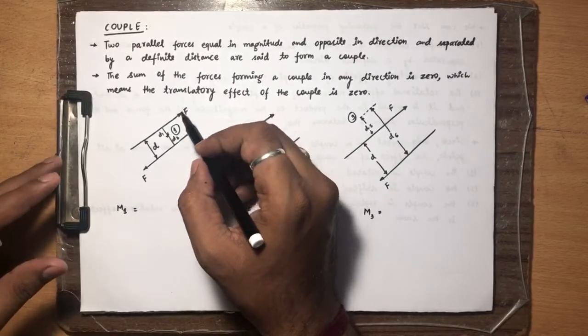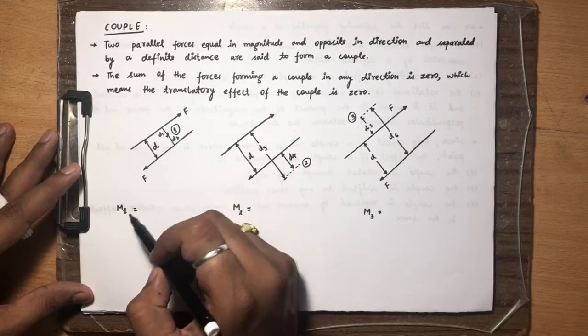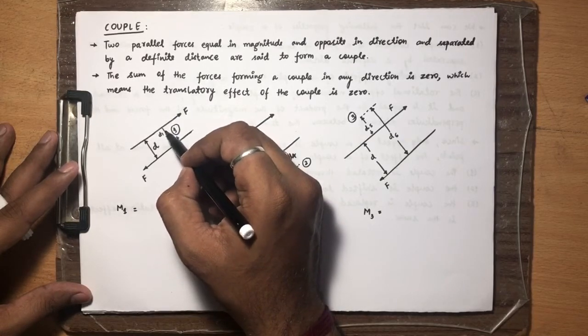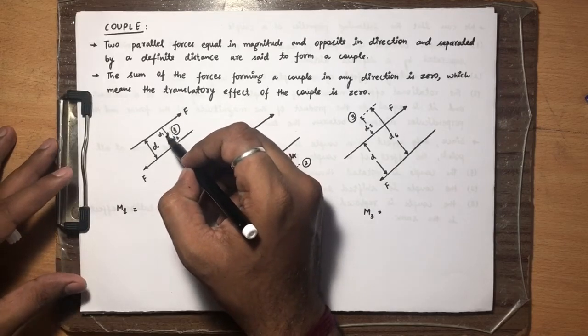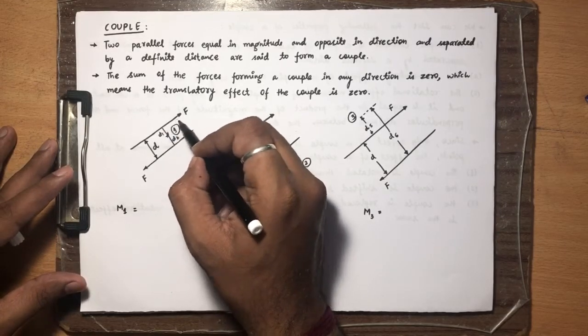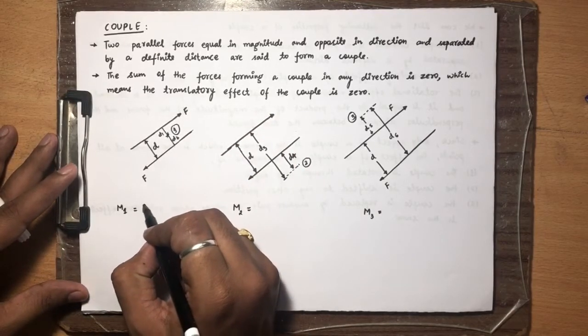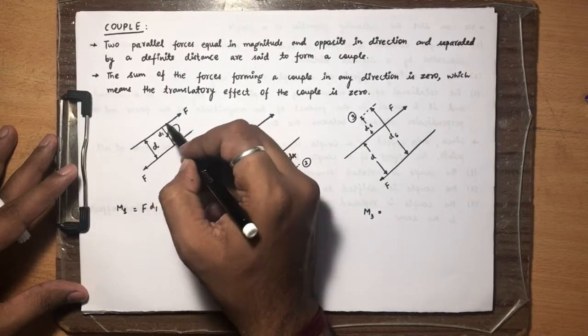So I just want to write the moment about a point, M1. This is point 1. This force is at d1 distance, this force is at d2 distance. So take this direction, F into d1. Okay, clockwise.